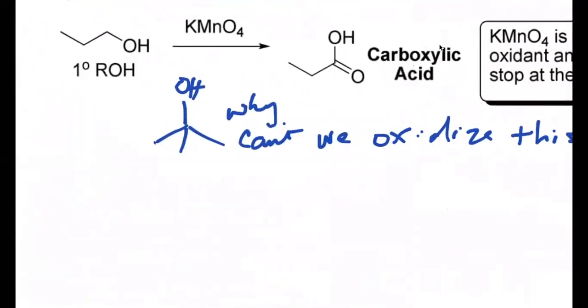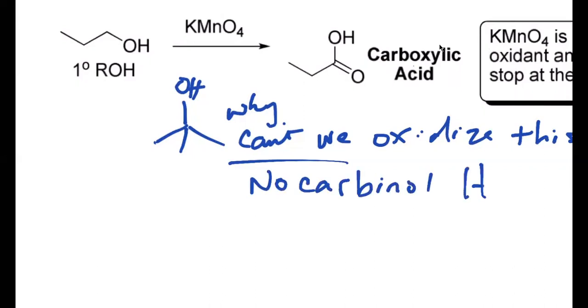It's completely full. So there's no carbonyl proton, so we can't lose it, so we can't do an elimination. Right, if it doesn't have a carbonyl proton, then we can't eliminate. So a tertiary alcohol you cannot oxidize.